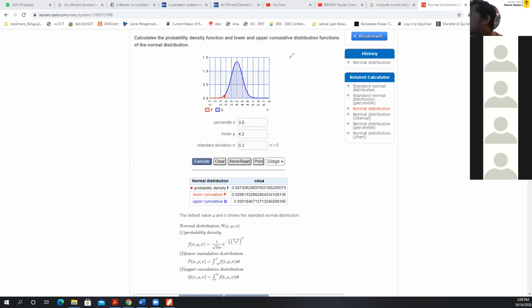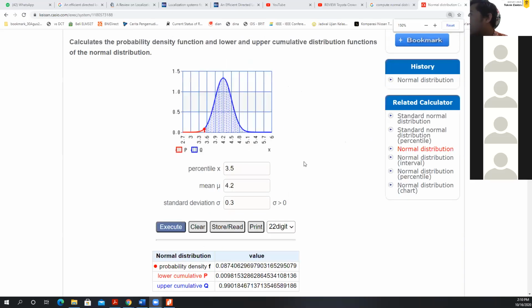You can see here this graph represents the same as the graphic in the slide. I will zoom in. Okay, it's good.